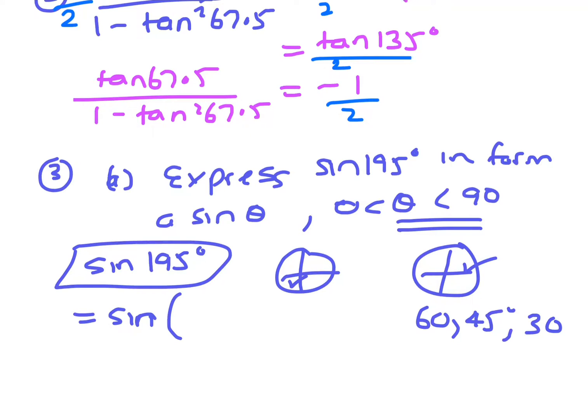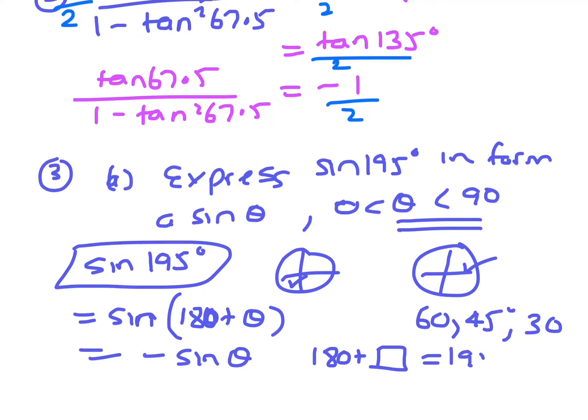So that will be sine of 180 plus theta. In that quadrant, that will be minus sine theta. But what is that theta? 180 plus theta equals 195, so 180 plus 15 will give you 195.